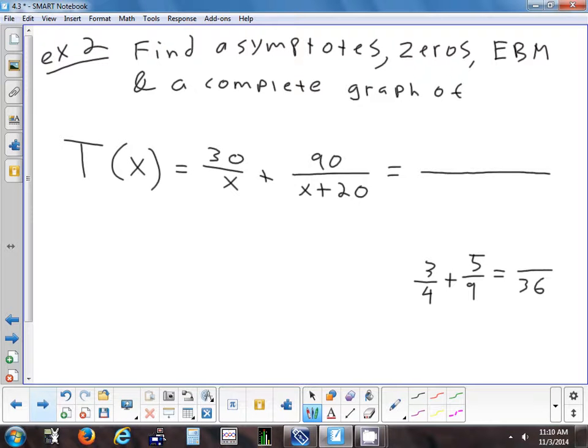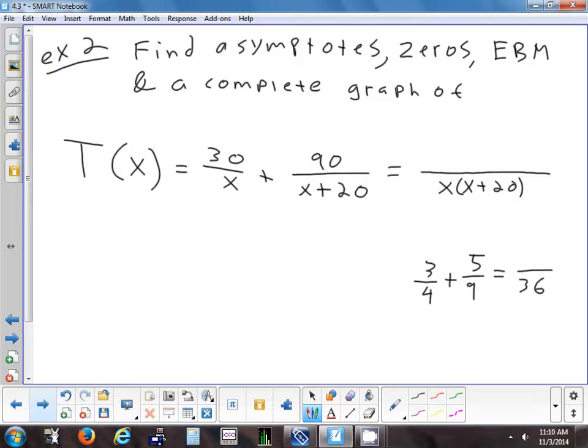Again, it might not be the smallest one, but it will work. We're going to do the same thing here. X times x plus 20. If you want to do the whole thing at once, we can FOIL it out. For now, I'll hold off and just write it as x times x plus 20.